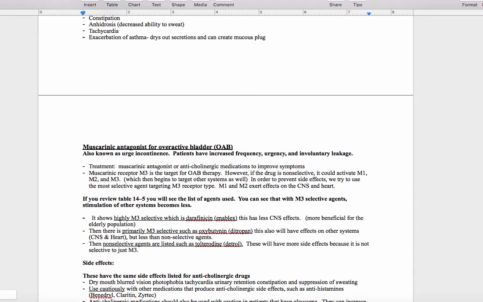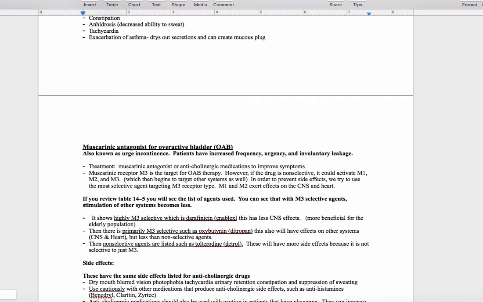Now, when you're looking at the muscarinic receptors, you know how, for instance, in the sympathetic nervous system we have the alpha and the beta, etc. Well, within the muscarinic, we have three different receptor subtypes: M1, M2, and M3. M3 is our target for overactive bladder, so we're trying to hit M3. M2 and M3 will exert an effect on the heart and the CNS.